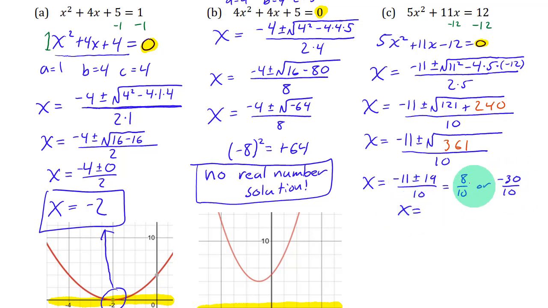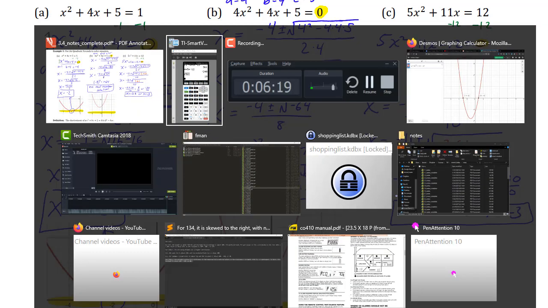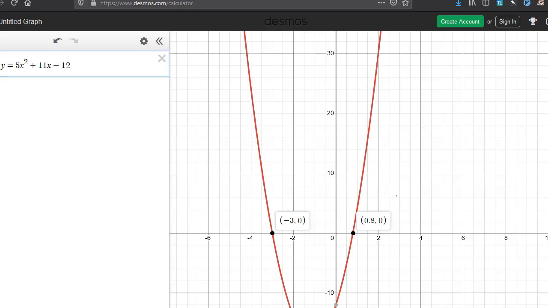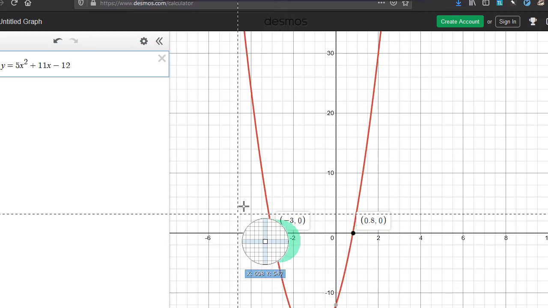So it gives you x equals 8 over 10 is 0.8, or x equals negative 3. So hopefully those are the solutions. This is why solving by graphing is a good idea, because it's always a thing you can do to check your work. People make mistakes all the time. And yeah, that's what I should have gotten, is 0.8 and negative 3.